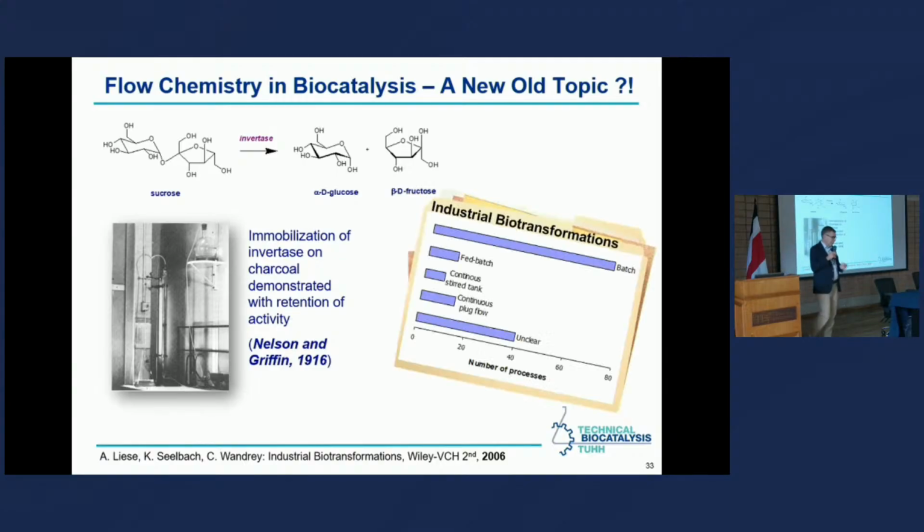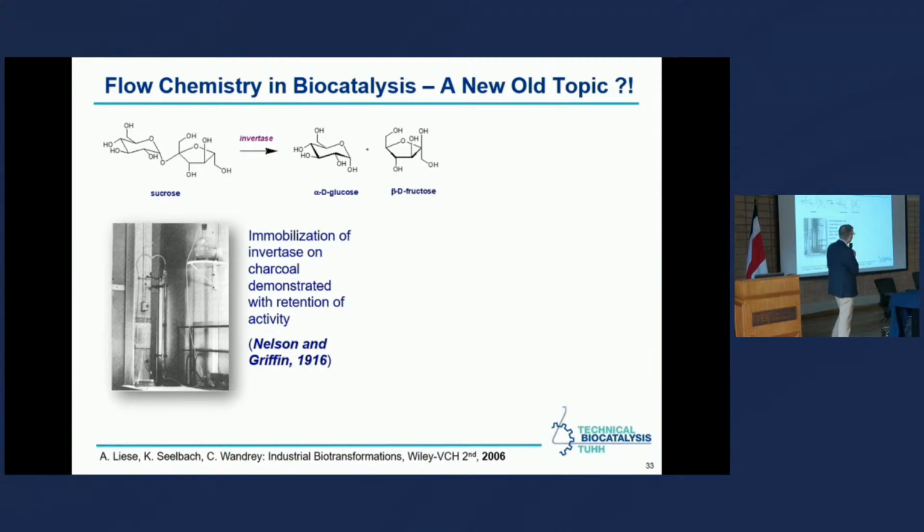And then in the First World War, this process was even actively used in production, because normally the large-scale splitting is done by sulfuric acid, and sulfuric acid was short because of weapons production. So they remembered the publication by Nelson Griffin and, for the time being, used this continuous operation on a large scale.